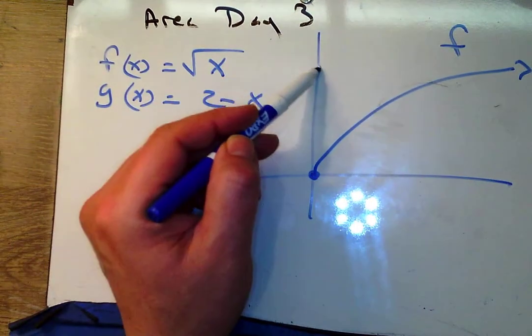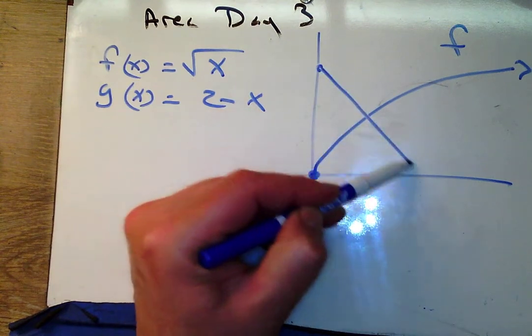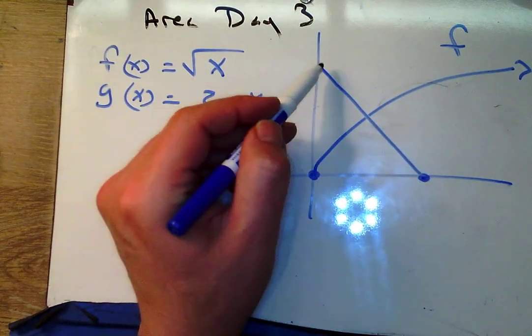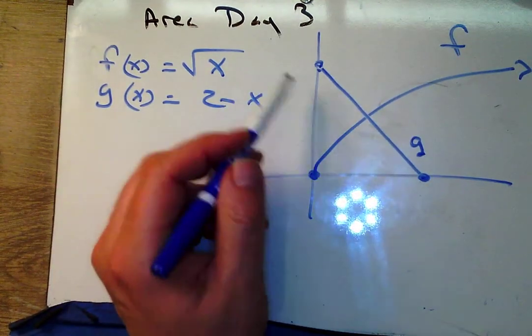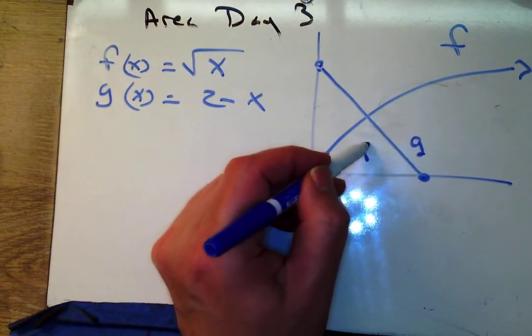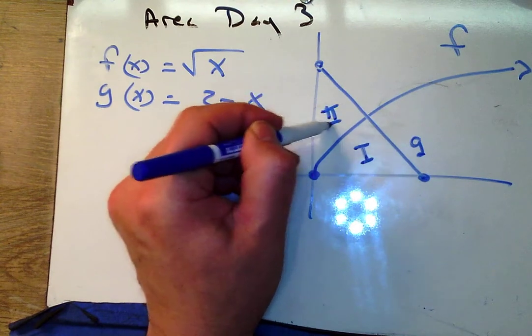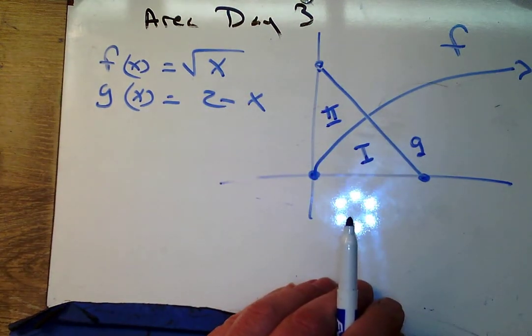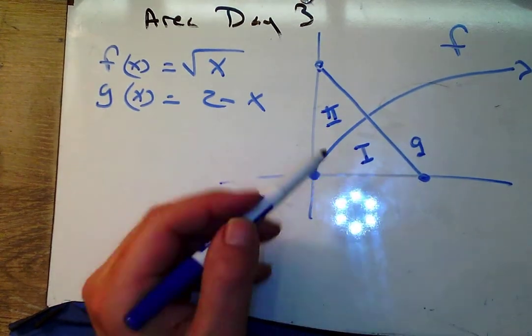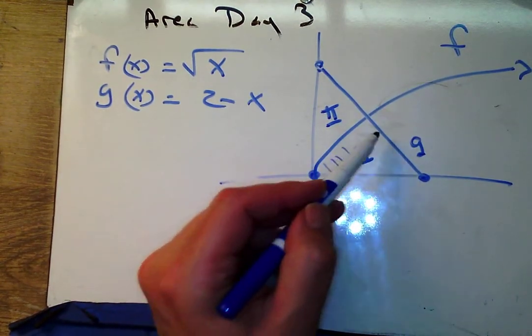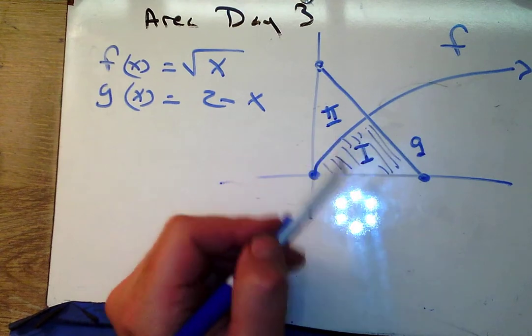G is this function, and I see a couple of regions here, region 1, region 2. All right, so let's start with figuring out the area in region 1.